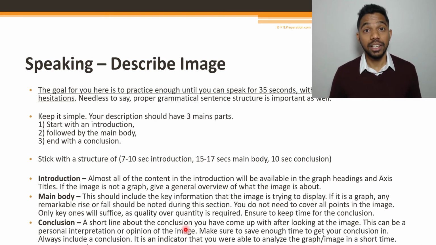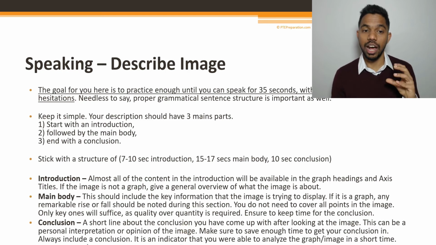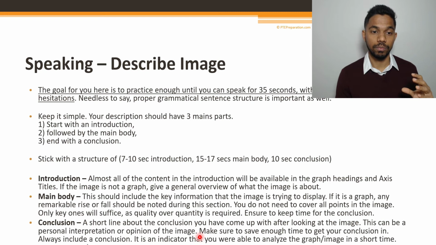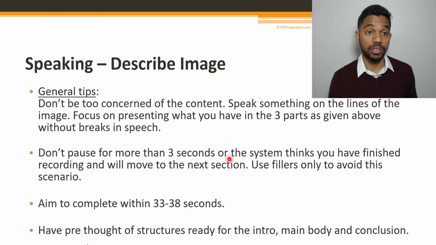Instead of saying conclusion, you can say, in my opinion, this is a very beautiful flower that everyone should have in their house. Anything like that where it's a personal opinion is an indicator to the system that you've understood the graph really well. So always ensure to end every answer with a conclusion in the describe image.